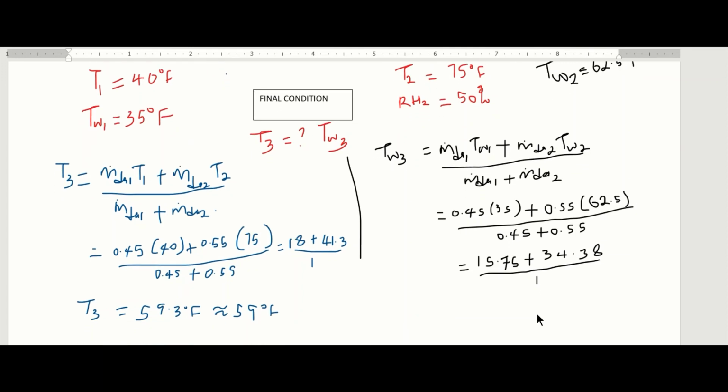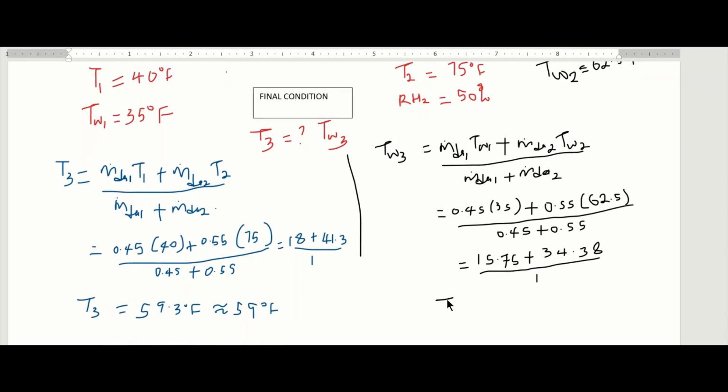So therefore, our final condition for our wet bulb is 15.75 plus 34.38, which gives us 50.1 degrees Fahrenheit. So I can call this approximately 50 degrees Fahrenheit. So this is our new condition.